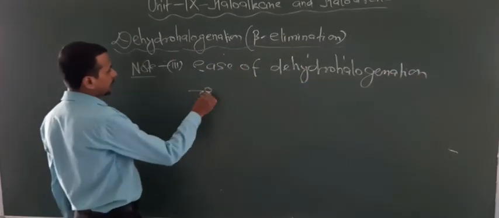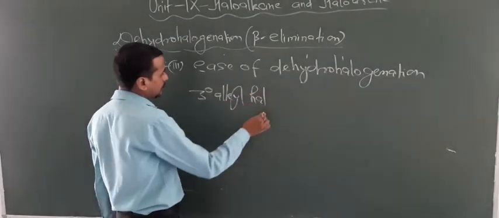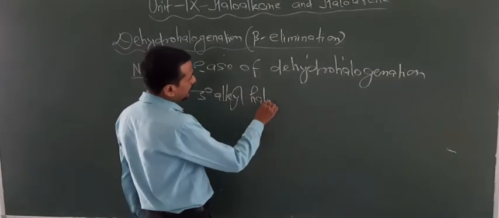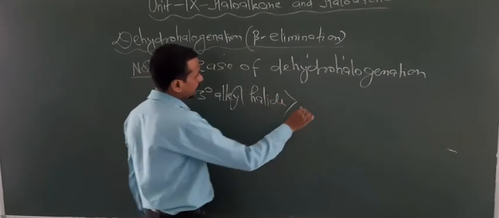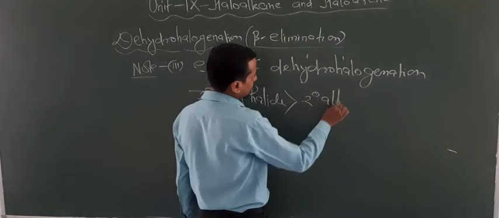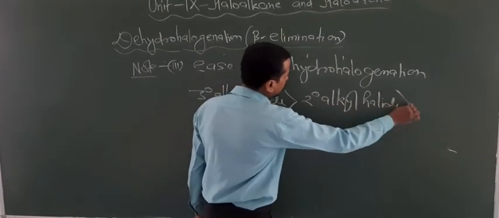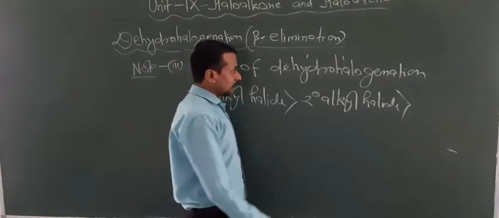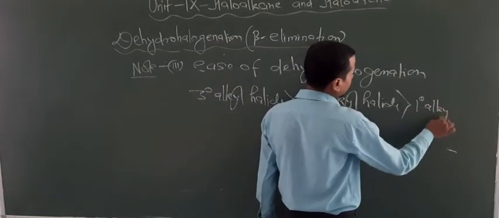So again here, 3 degree alkyl halide undergoes dehydrohalogenation more easily than 2 degree alkyl halide, and 2 degree undergoes dehydrohalogenation more easily than 1 degree alkyl halide.